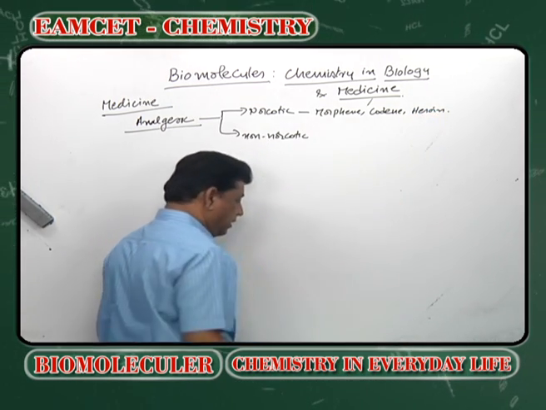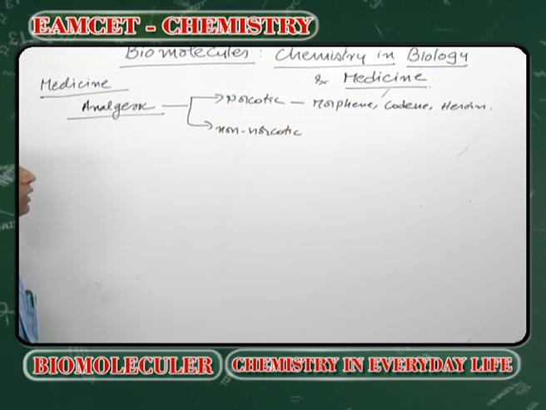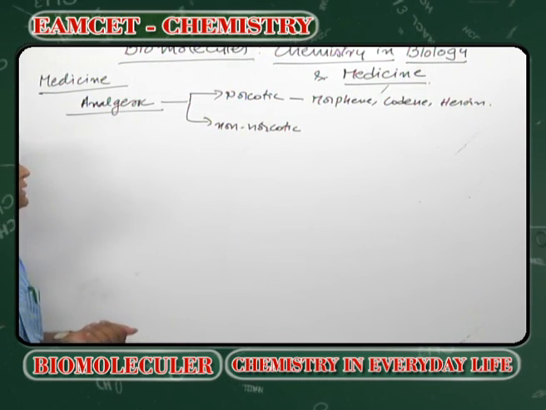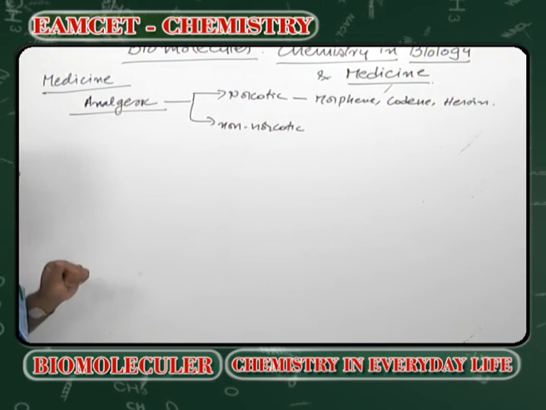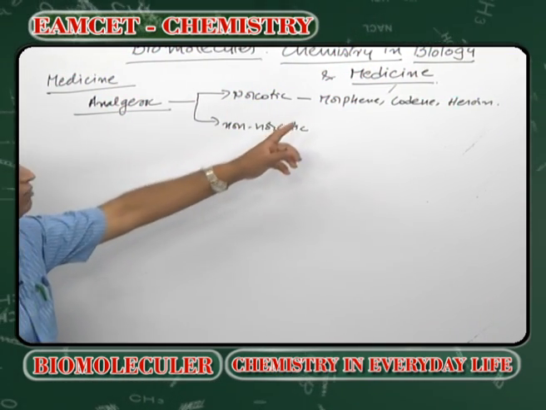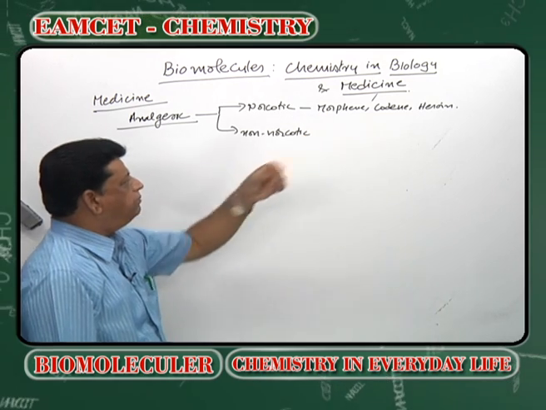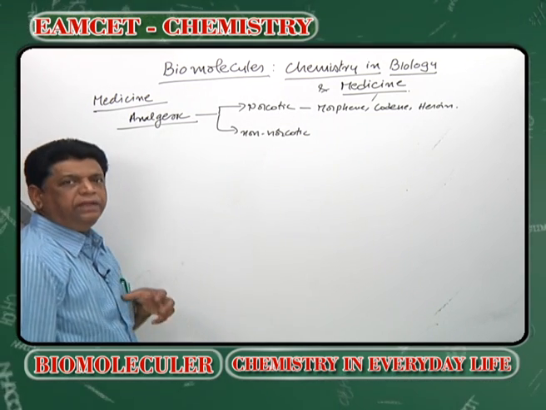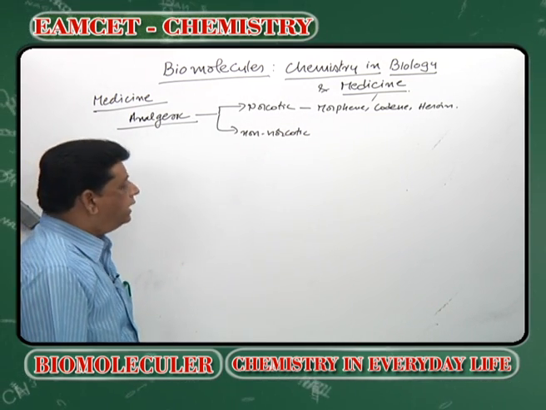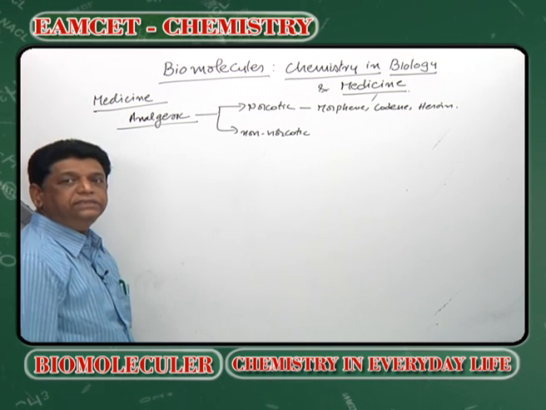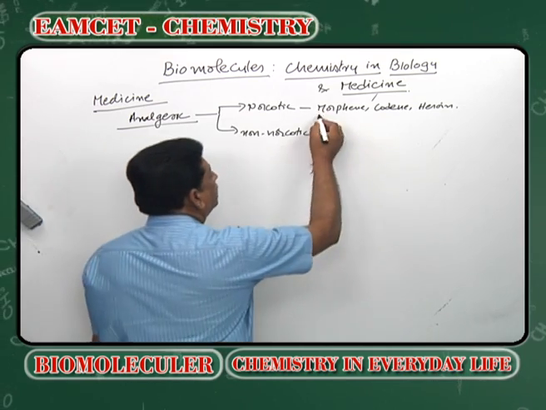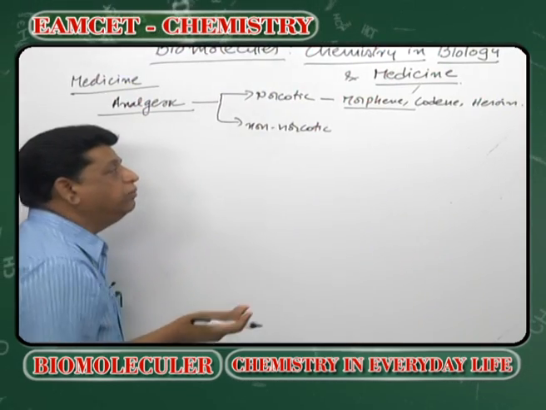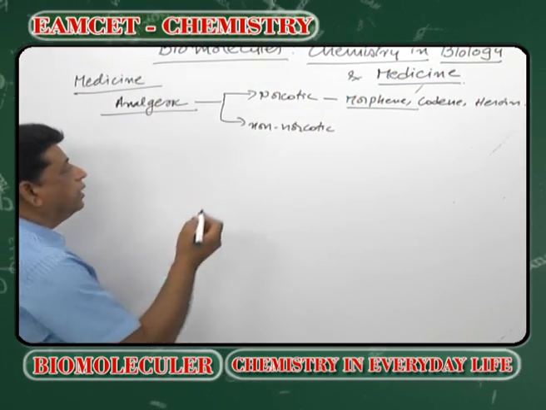These are some narcotic drugs. Analgesic means painkiller. Morphine can kill pain, but it will slowly become addictive, and it badly influences the central nervous system. Therefore, it is not advisable, but unfortunately many people become addicted to this.